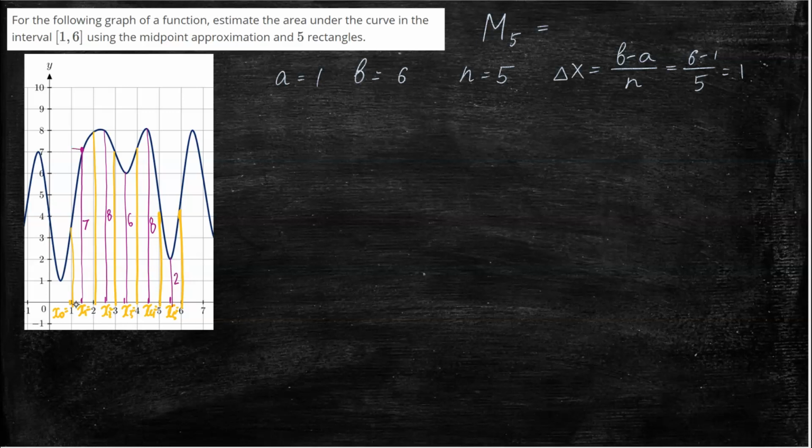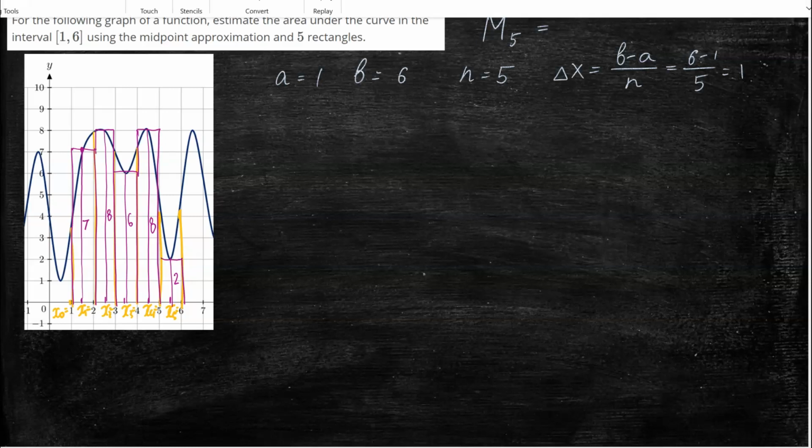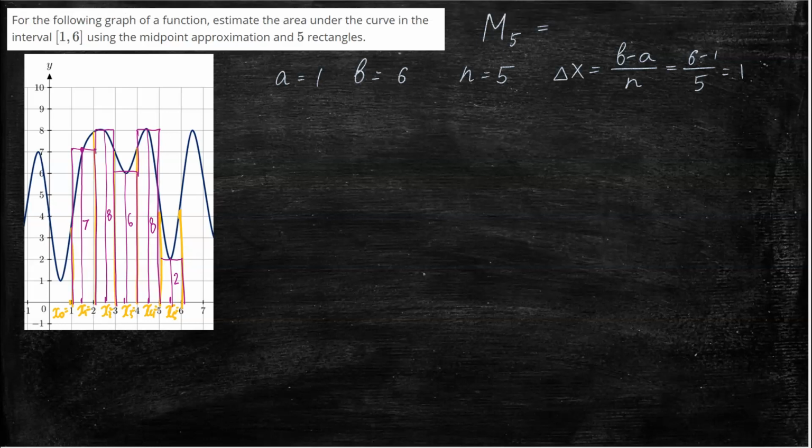So when we construct these rectangles, those rectangles' areas can be computed by multiplying their height by the width, and the width is equal to delta x.